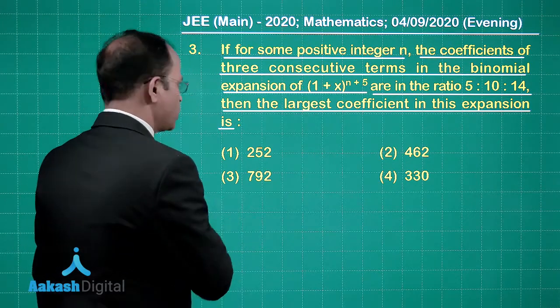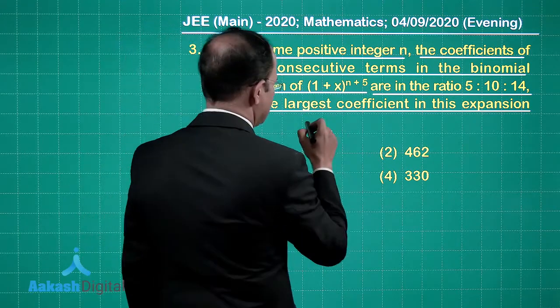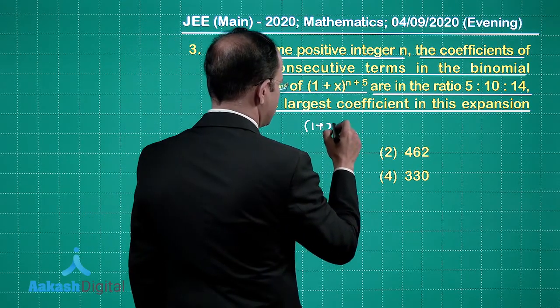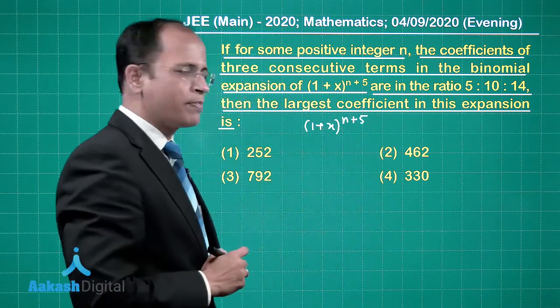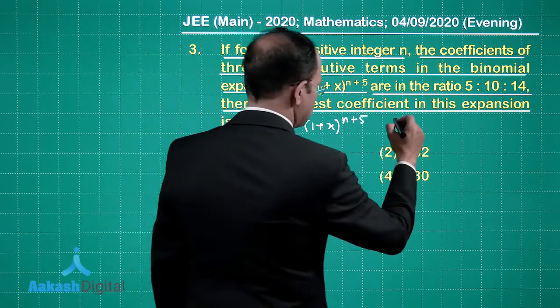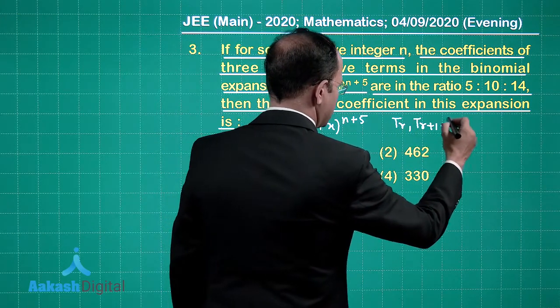First of all, let's see what are the conditions which are given to us. We can see here this is the expansion, (1 plus x) raised to the power n plus 5, right? And let us consider the consecutive terms to be TR, TR plus 1, TR plus 2.